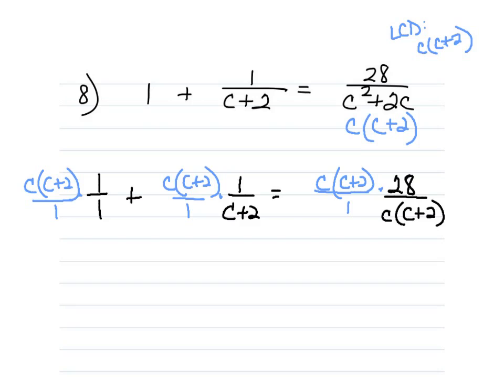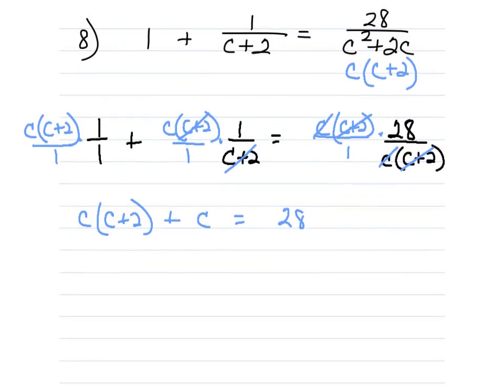Okay, so here c times c plus 2 times 1 is c times c plus 2. Here the c plus 2's cancel each other, so I have c. And here the c plus 2 cancel each other, the c's also cancel each other, so I'm left with 28.